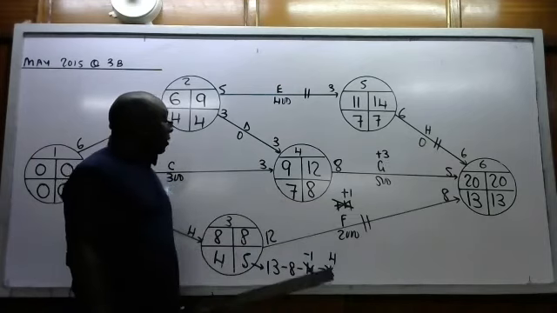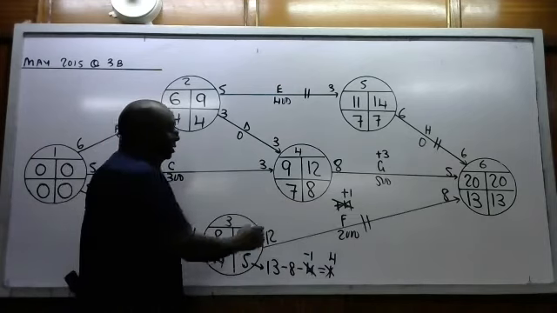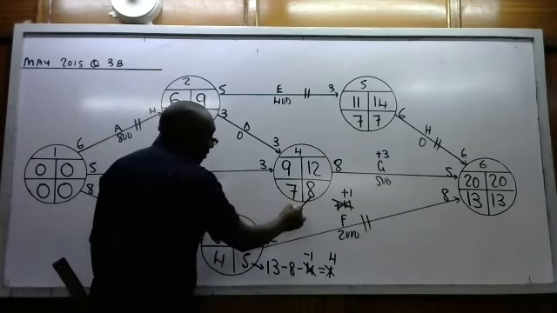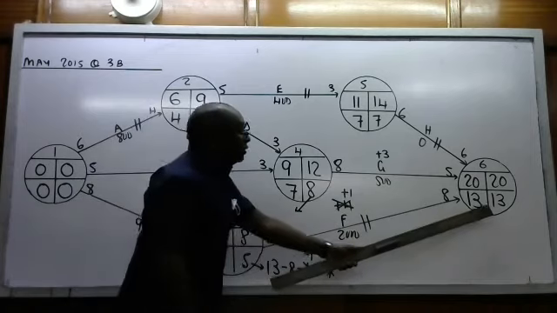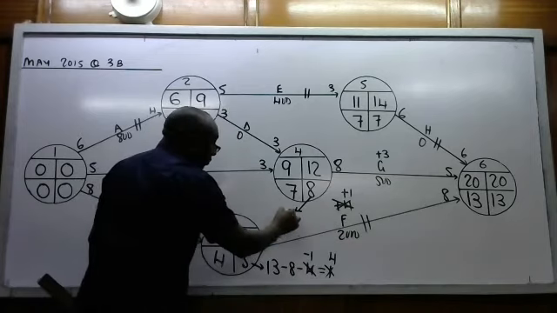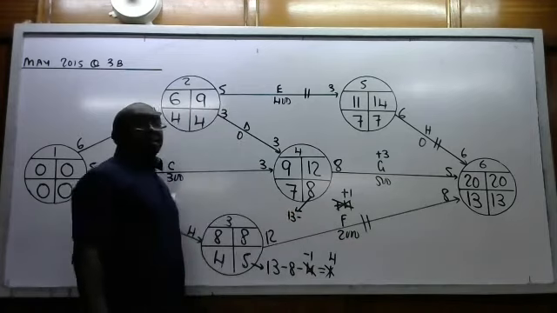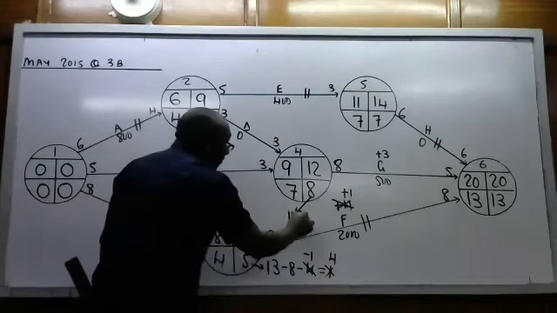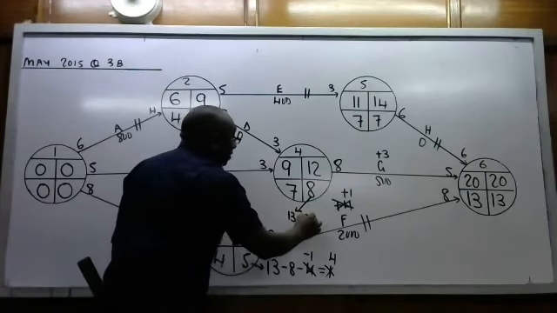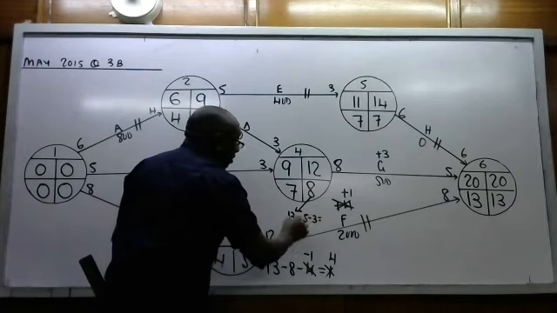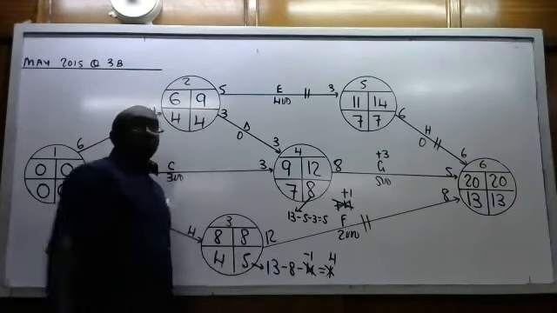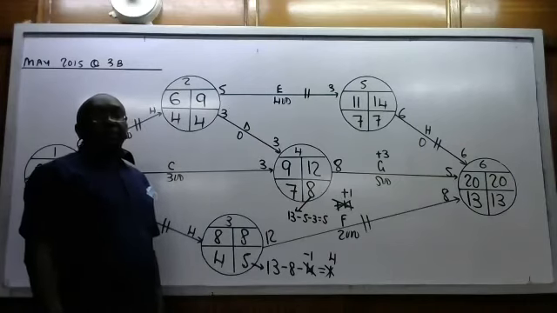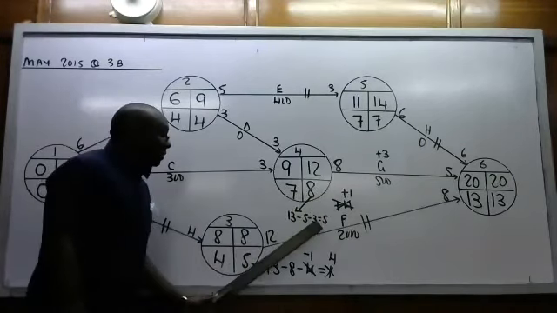So we have to work backwards. For G to finish by day 13, we must first of all less 5, and then we less 3. That gives us what? 5. We get 5. So G must start by day 5.